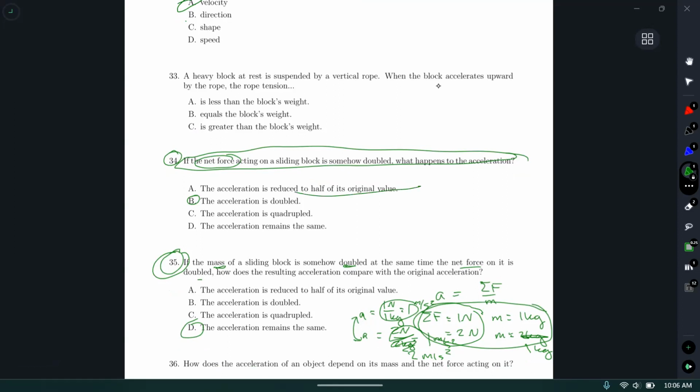That automatically knocks out this one. And if I remember that mass isn't changing, I don't have to worry about that bit, so this one's knocked out. I'm down to these two. Then I just have to remember that however one changes, the other changes in the same way. So since the force doubled, acceleration doubles rather than quadrupling.